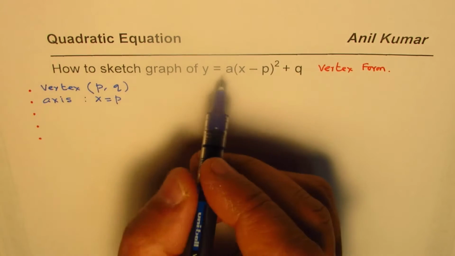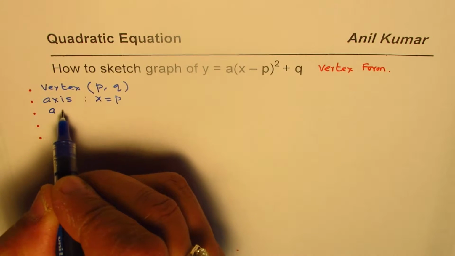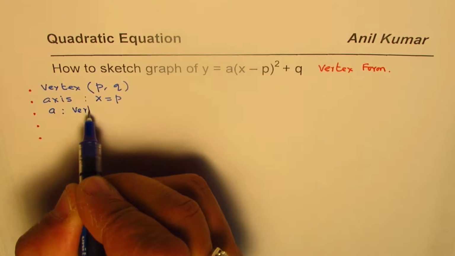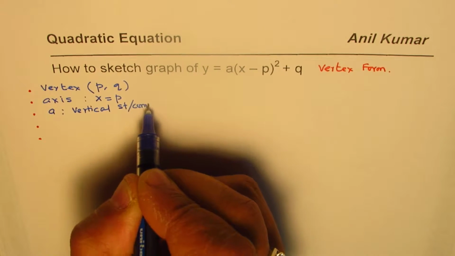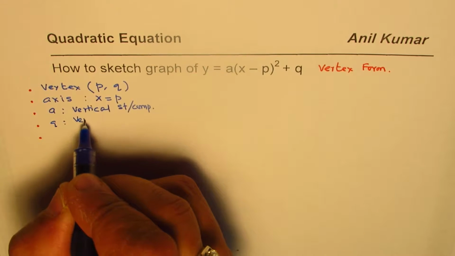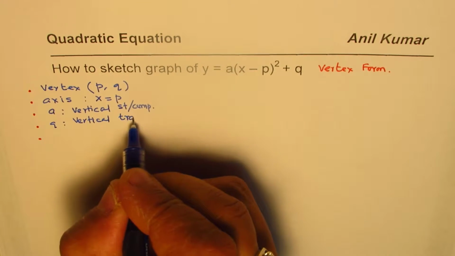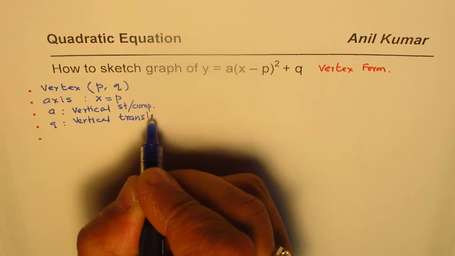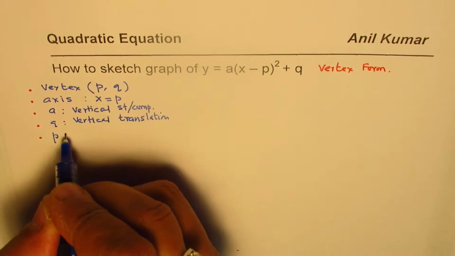a defines the vertical stretch or compression. q is the vertical translation, up or down, depending on whether it is positive or negative. p is the horizontal translation.